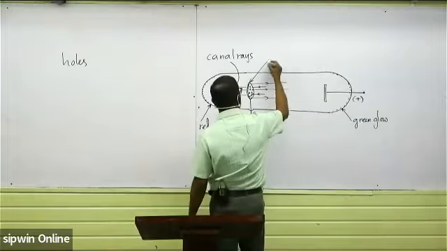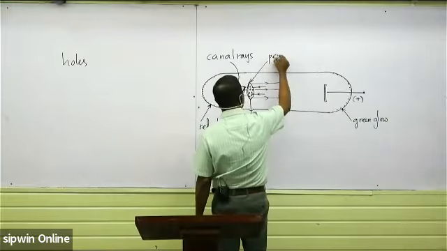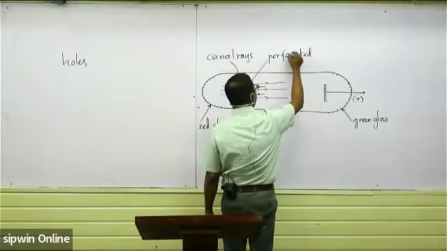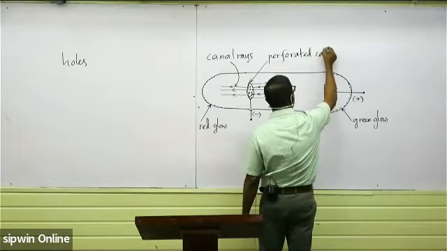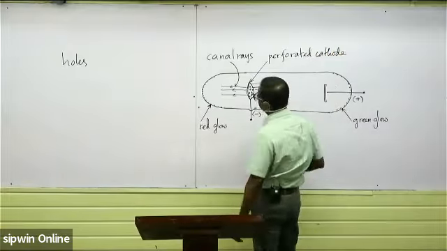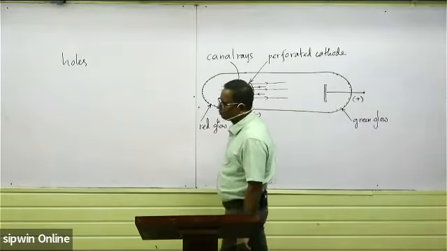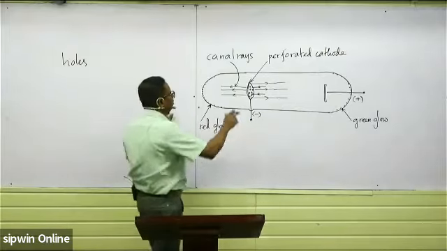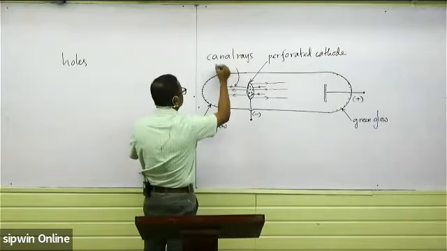Label this as perforated cathode. Canal rays, within a bracket, positive rays.